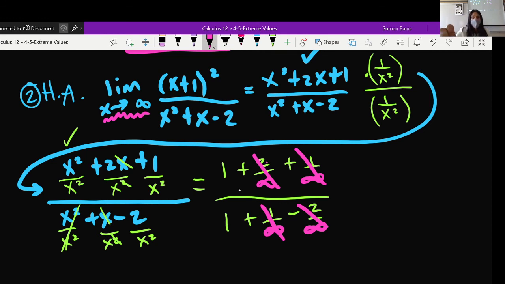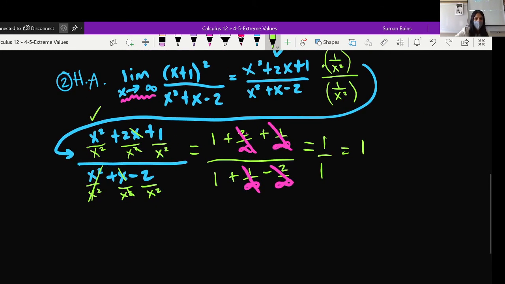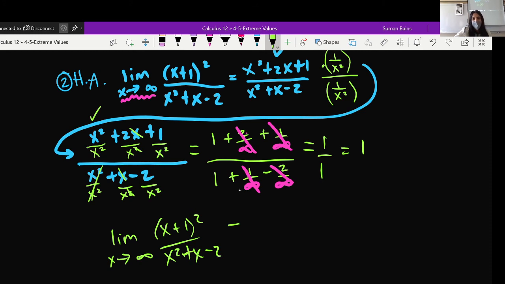So, what we end up getting when we work our way through all of this, that would just be 1 over 1. So to clean it all up and to pull it all together at the end, the limit as x approaches infinity of that x plus 1 squared over x squared plus x minus 2, not plus 2, minus 2, is equal to 1.